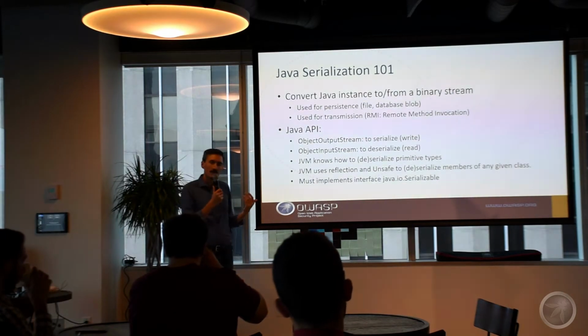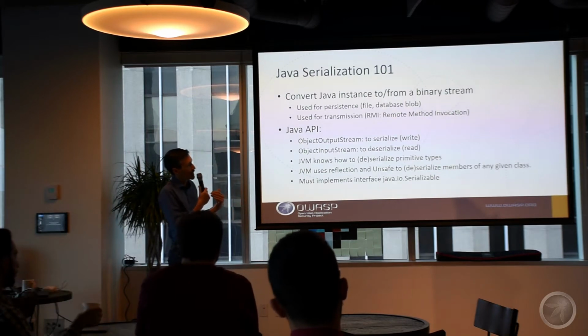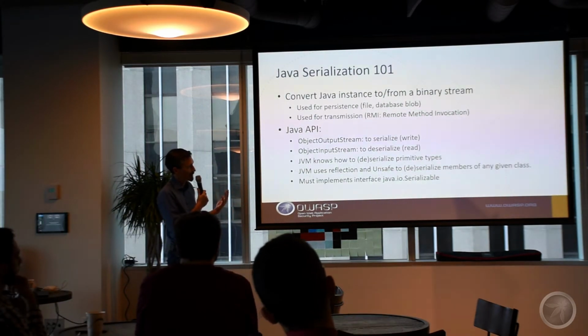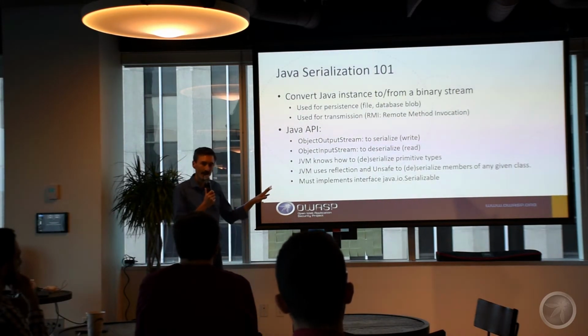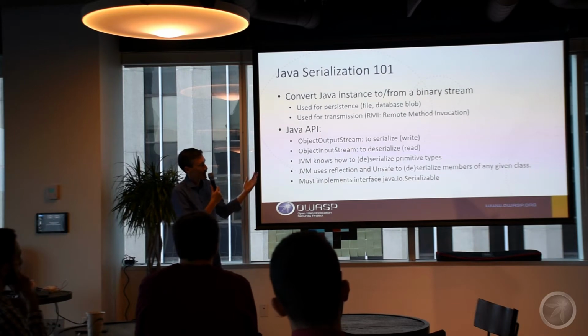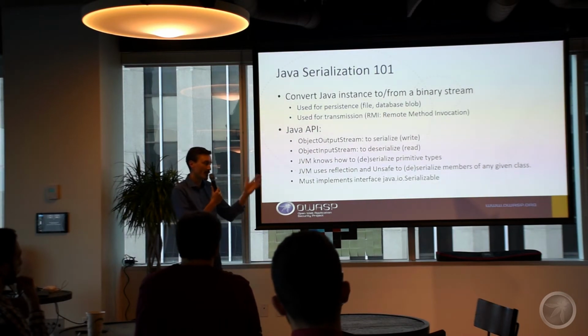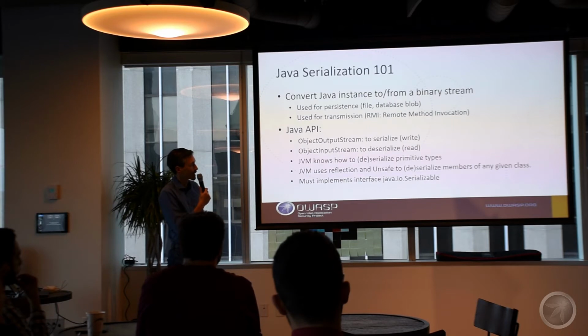So Java knows how to deal with native types like integer and float, and it also uses reflection for any custom classes. For instance, our bicycle bean class: when Java tries to deserialize that, it will load the class and see, okay, you have one string and two integers, and it will then continue the parsing based on that.